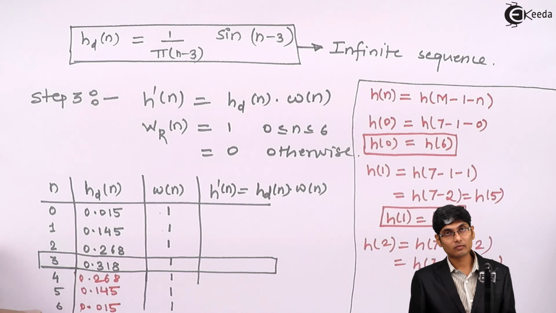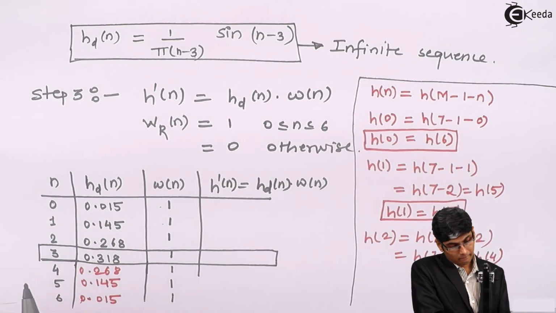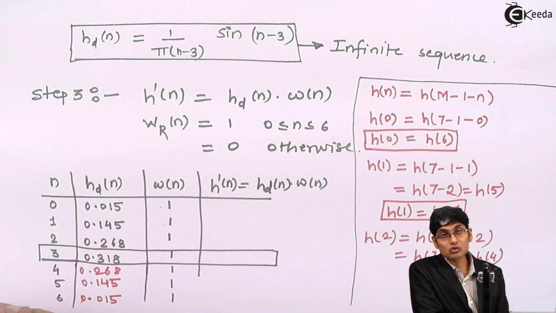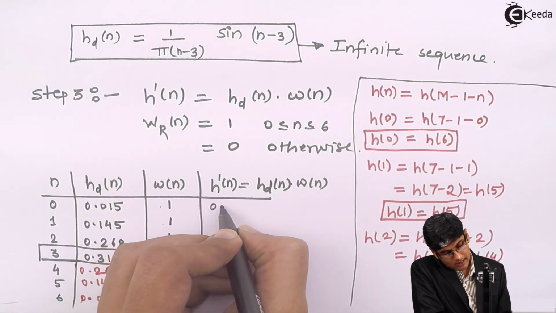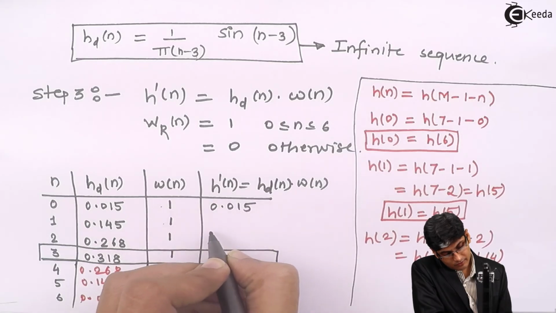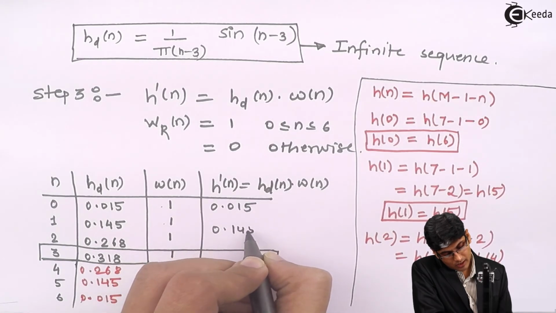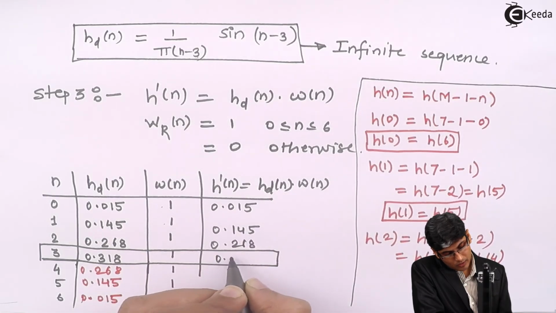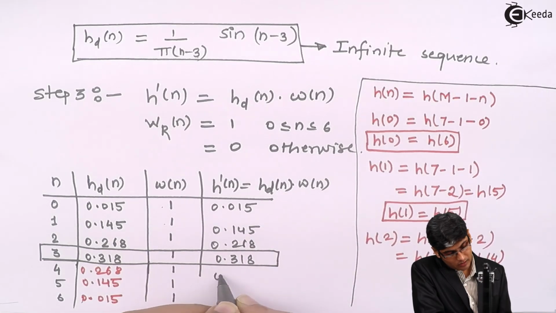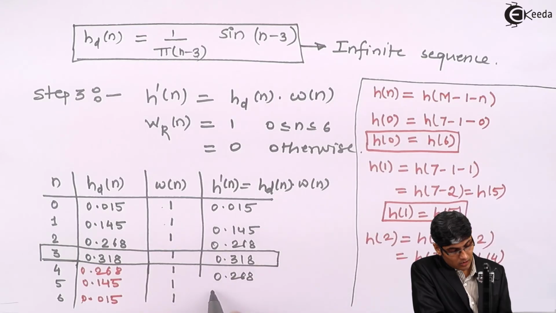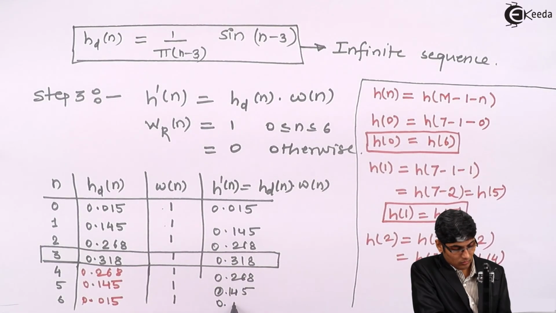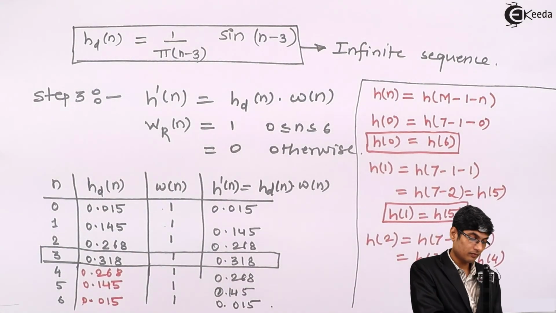Now let us multiply by the window function, which is 1 everywhere from 0 to 6. It gives me 0.015, then 0.145, then 0.268, then 0.318, then 0.268, then 0.145, and lastly 0.015. Agreed?